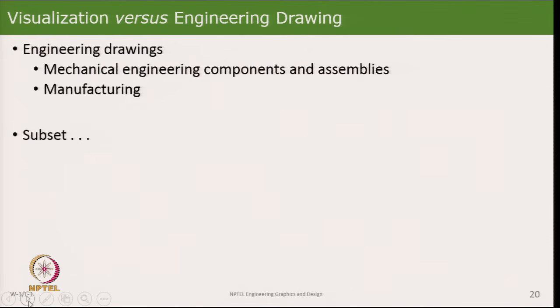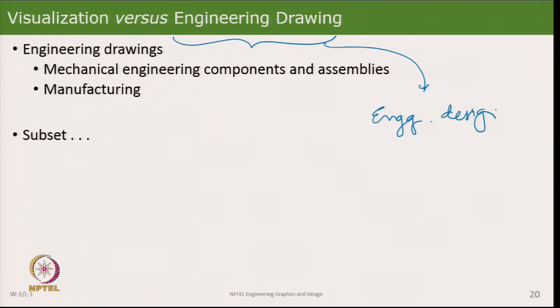How is visualization or graphics different from engineering drawing? In most curricula, engineering drawing would be a course that follows a graphics course. So, a basic course like the one we are having here is a prerequisite to then go into an engineering drawing course, or even if it is not an engineering drawing course, you are doing engineering design in any discipline: electrical, civil, mechanical, marine, aeronautical, chemical, it does not matter.